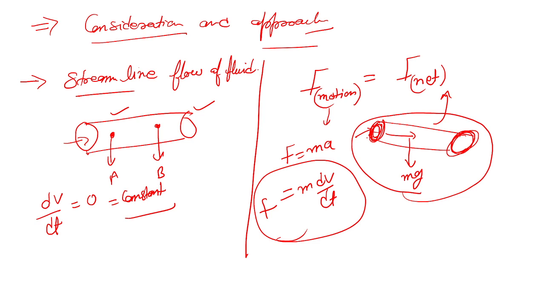By equating the force because of motion with the net force, we will easily get Bernoulli's theorem. Now the approach is clear, the consideration is clear, so let's derive the equation. First of all, let's understand the diagram completely, and if your diagram is clear, then there is no need to struggle to understand anything else.